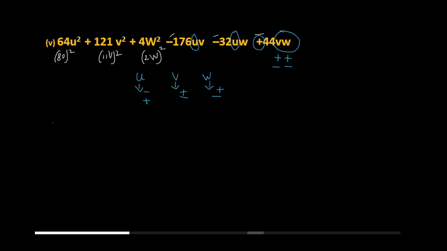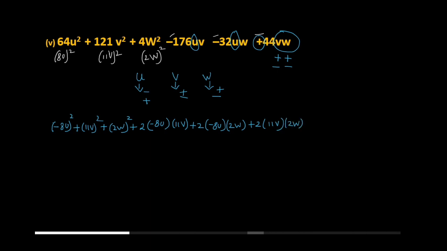Suppose I am going to take u negative, means minus 8u the whole squared plus 11v the whole squared plus 2w the whole square, plus 2 into minus 8u into 11v, plus 2 into minus 8u into 2w, plus 2 into 11v into 2w. Let's check the product and compare that with the given question.